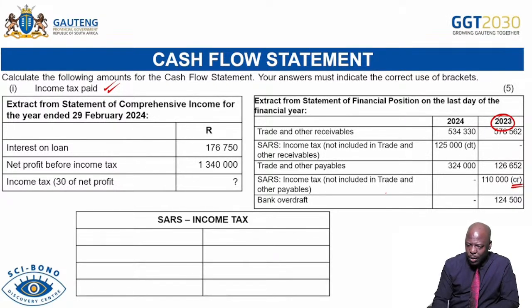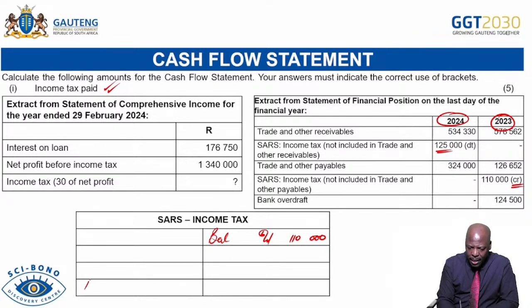So your income tax amount is 110,000. So I'm going to come here and then I'm going to say my balance brought down, that is 110,000. We're good. And then we are given the balance for 2024 now, and it is 125,000.